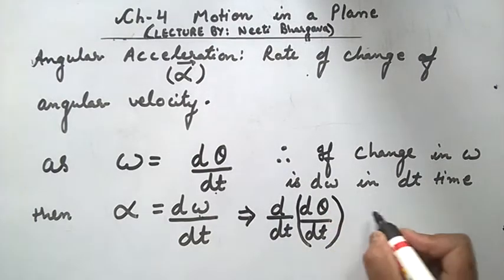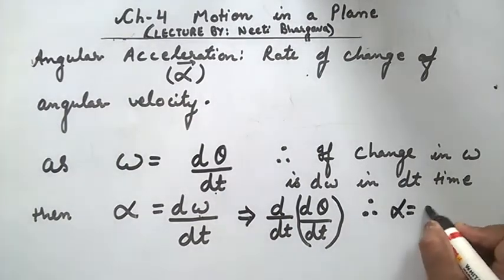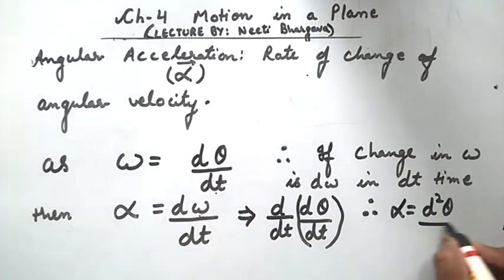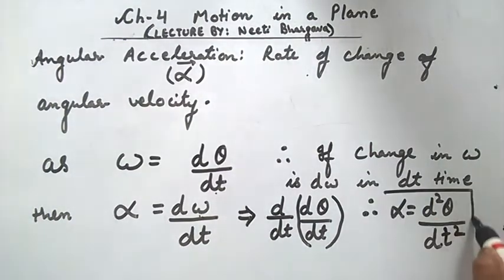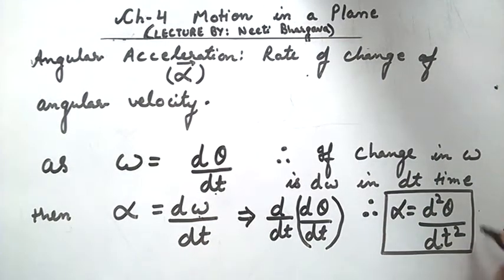Thus, finally, the value of angular acceleration is d square theta by dt square. Unit is radian per second square, rad per second square.